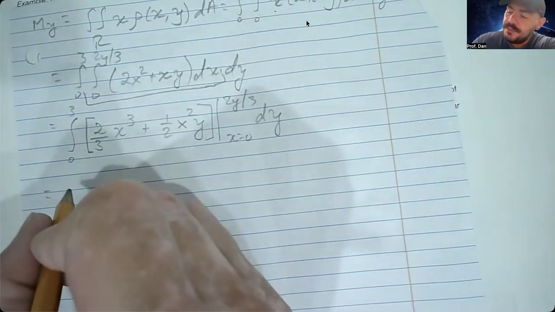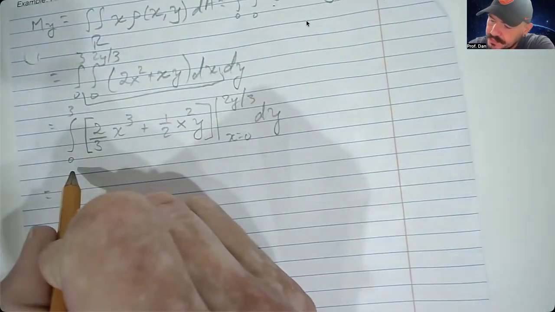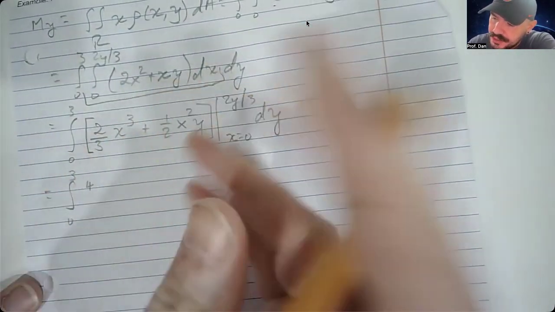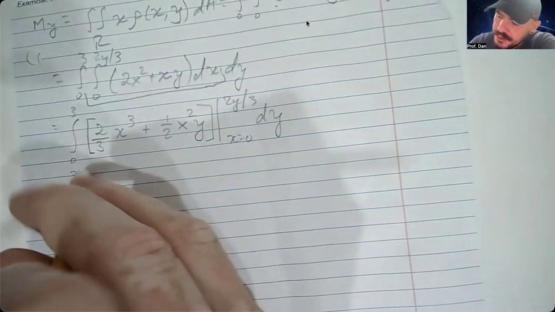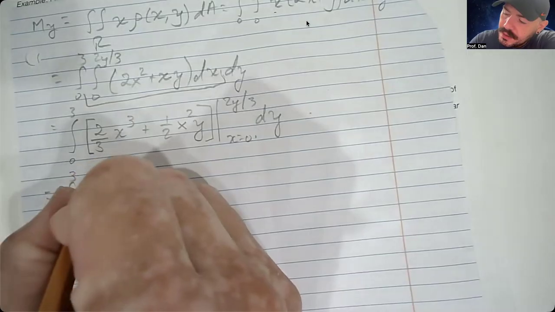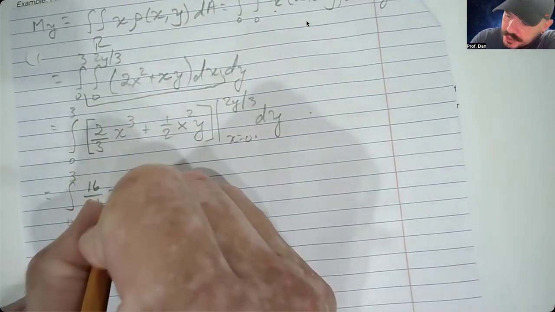All right, from there, I'm going to plug the values in. So that's going to give me 4/9. Actually, no, that's not true. It's going to be 2 to the 4 over 3 to the 4. It'll be 16 over 81 times y to the third.